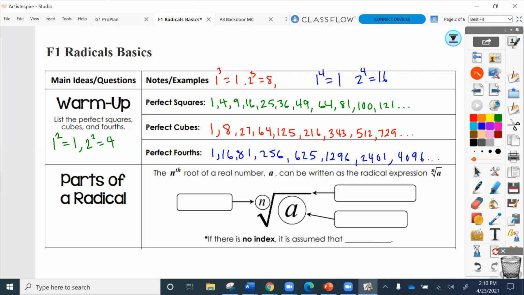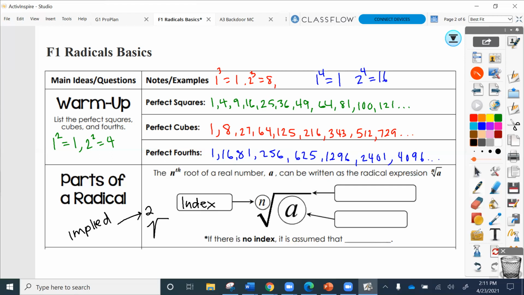All right, let's look at the parts of a radical. The little number that's inside the radical sign is called the index. Now, when there is no index, it's implied, like for square root, the 2 is implied, you don't write it.